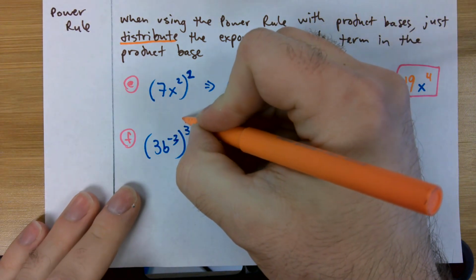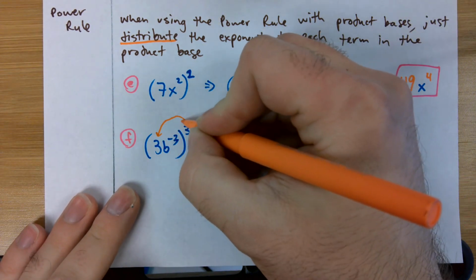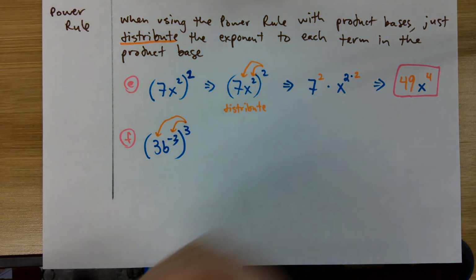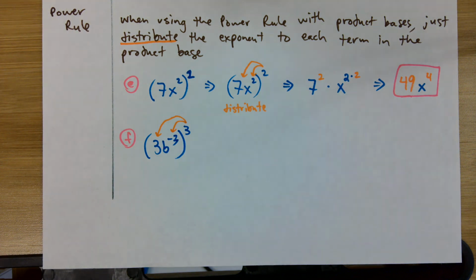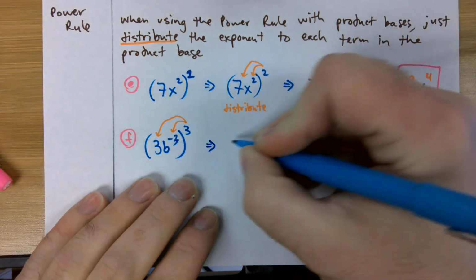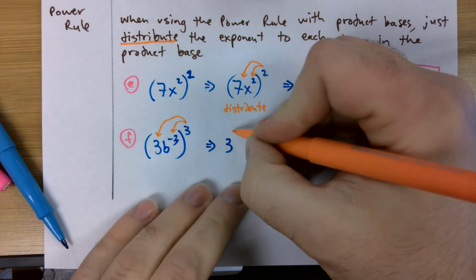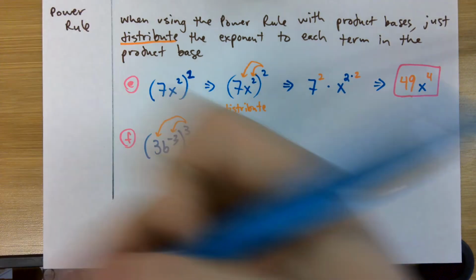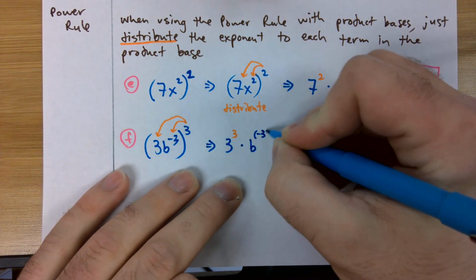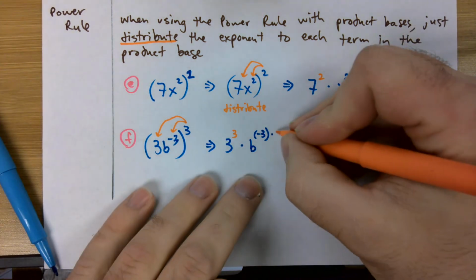We're going to distribute our outside 3 to both of our terms, giving us 3 to the 3rd times b to the negative 3 times 3.